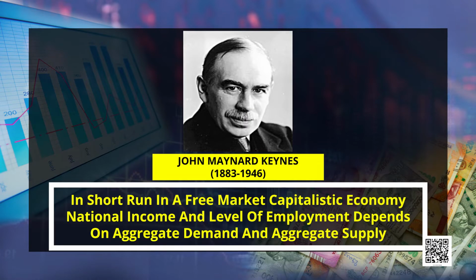Earlier, the economists used to study only microeconomics, but it was the year 1930 which taught the economists to study macroeconomics as a subject. This chapter deals with that period. It was the most prominent economist, John Maynard Keynes, who introduced us to this chapter.